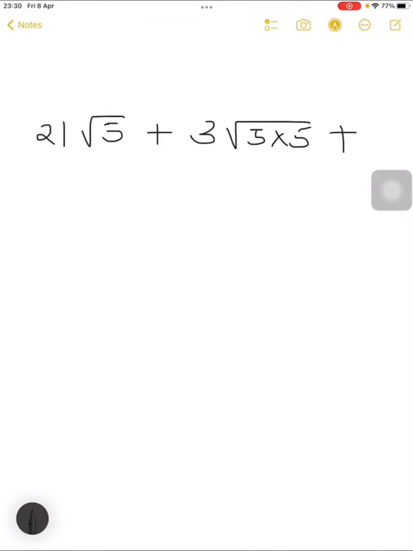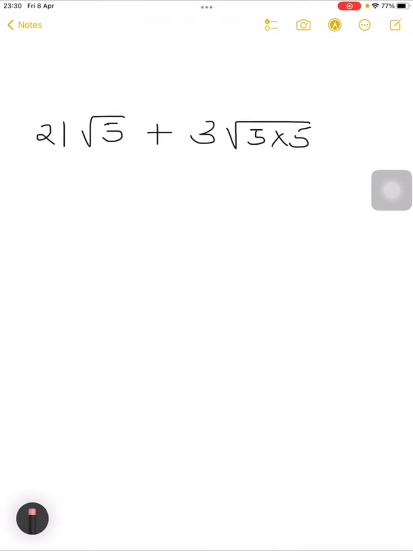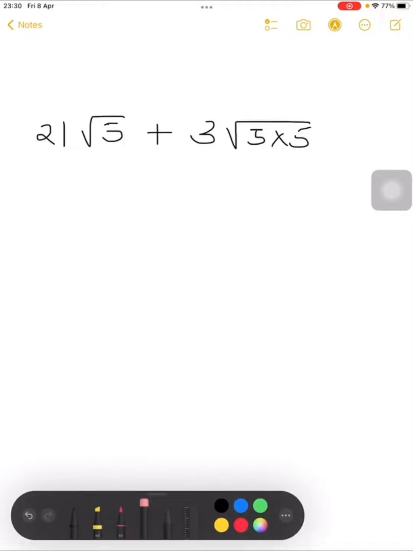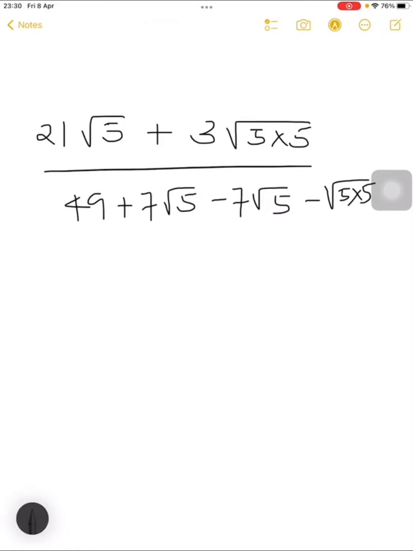So that one is done, and then you divide by 7 multiplied by 7 is 49, plus 7 root 5 minus 7 root 5, and then minus root 5 multiplied by root 5. Hope we are together.